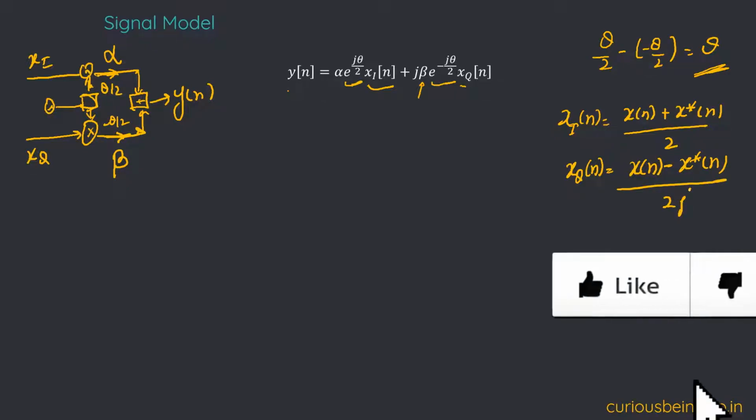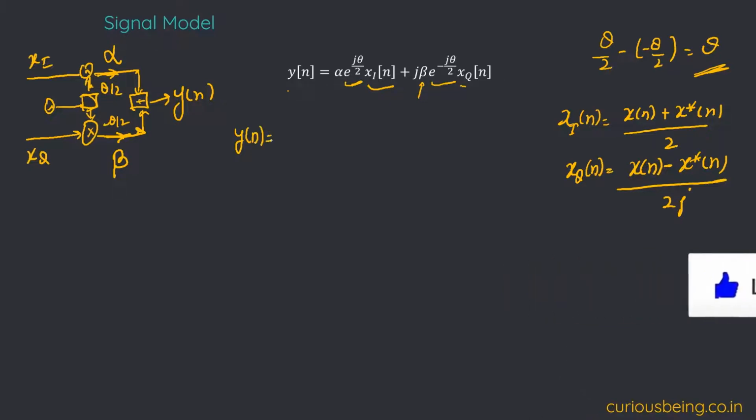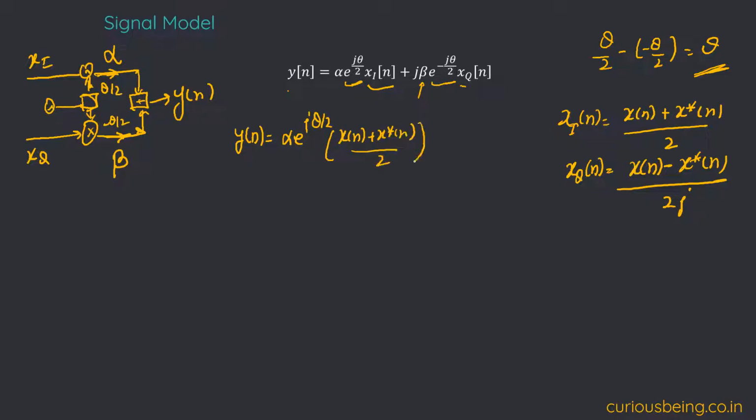So let's put them here. Alpha e to the power j theta by 2 times (x[n] plus x conjugate[n]) by 2, plus beta e to the power minus j theta by 2 times (x[n] minus x conjugate[n]) by 2j.